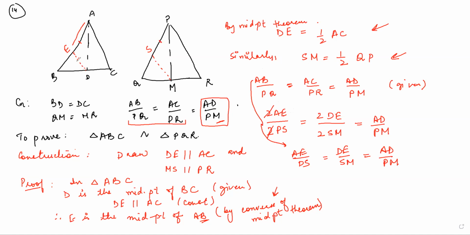Then DE is proportional to SM. And AD is proportional to PM. So all the three sides are proportional. That means these two triangles are similar by SSS criteria. So by SSS criteria, triangle ADE will be similar to triangle PMS, right?